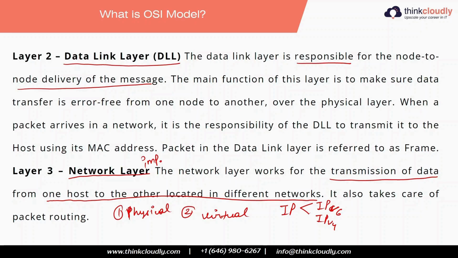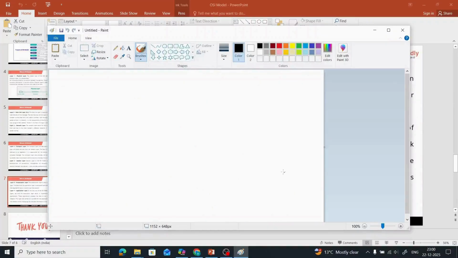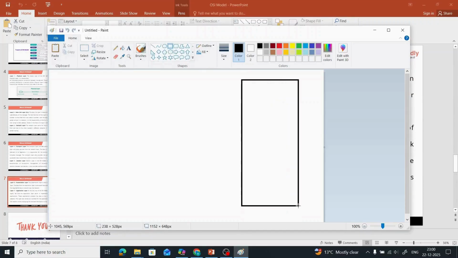Now, let's understand this part using a diagram. Let's say we have an organization and this is the structure. This is the firewall, this is, let's say, the router, and these are our users with the end machines, laptops, computers, whatever you want to say.